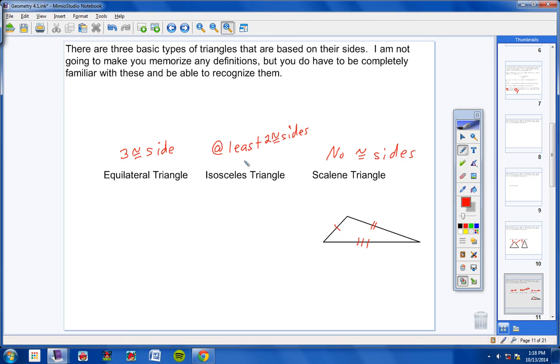So it could also have 3 congruent sides. And then a scalene triangle has no congruent sides at all. Now again, students, I'm not going to ask you to quote these definitions, but you need to be familiar with what these triangles look like and which category they fall into.